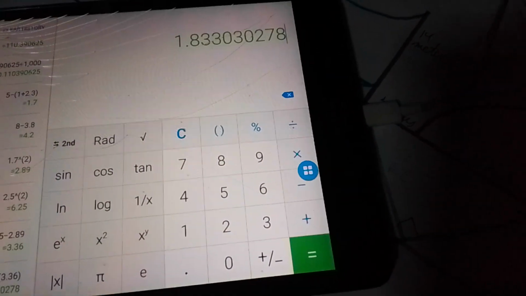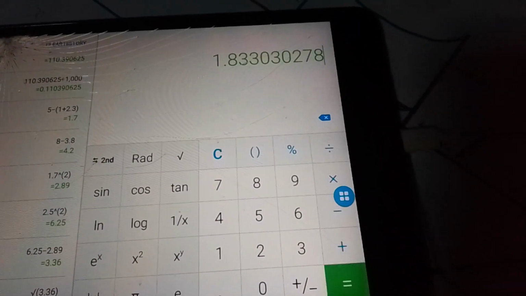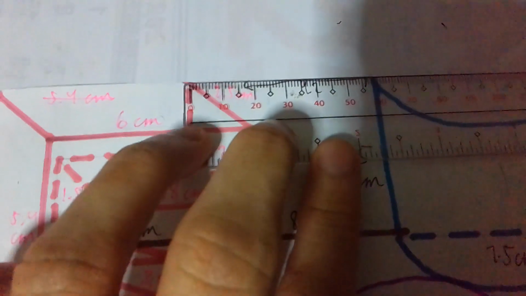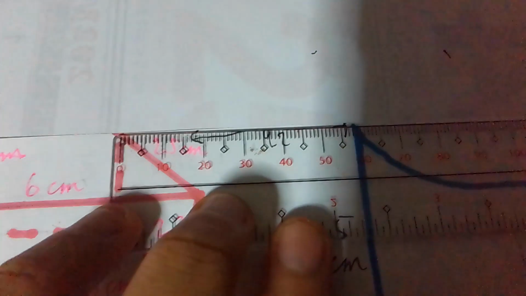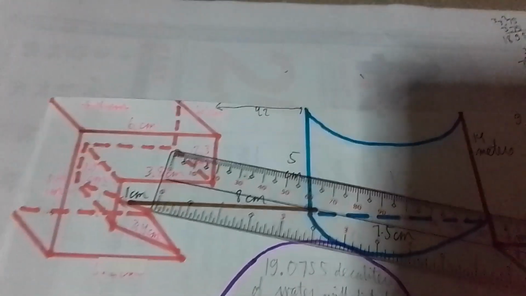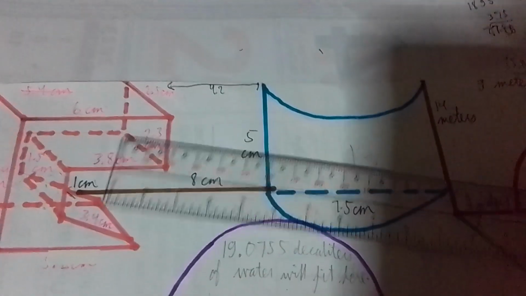Take the square root of this number, and we should get 1.83 something. To check with the ruler, yes, it should be 1.8. So this is 4.2, 1 plus 1.8, that is 6 centimeters.